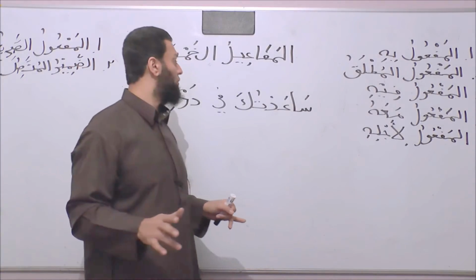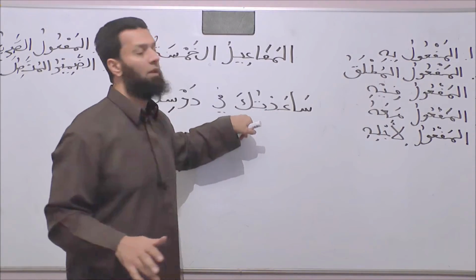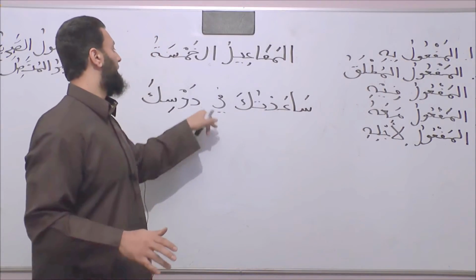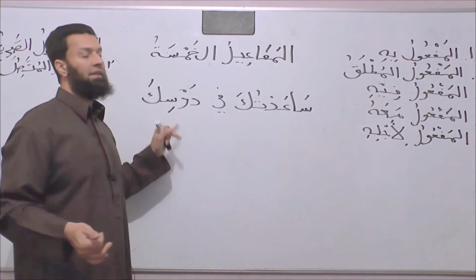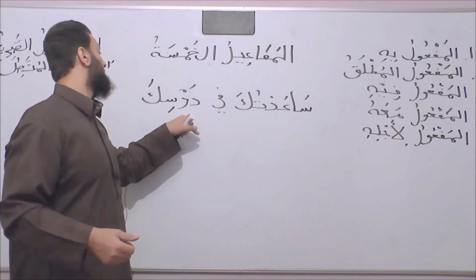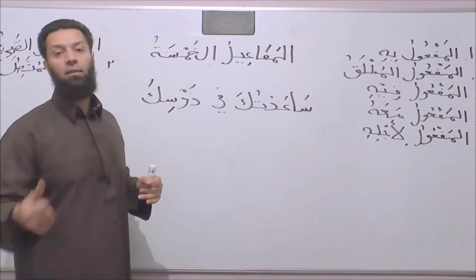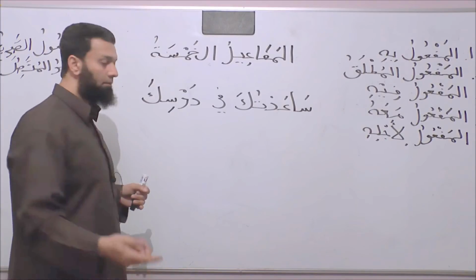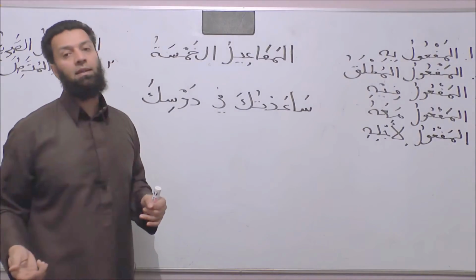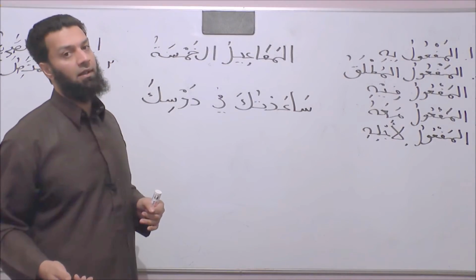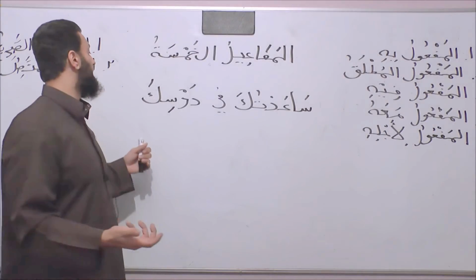It is المفعول به. ساعدتك, I assisted you. في, in, we know في is حرف جر. درسي is therefore اسم مجرور. It is also مضاف, and الكاف هنا is the ضمير متصل مبني على الفتح, and it is في محل جر, and it's in the position of being مجرور.